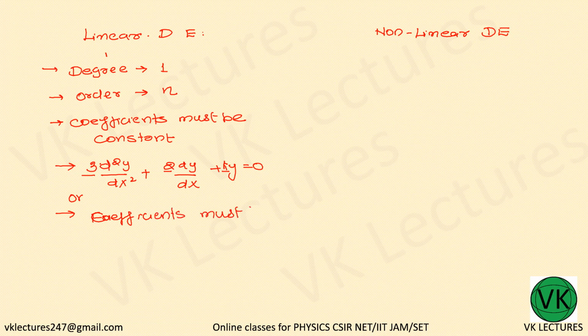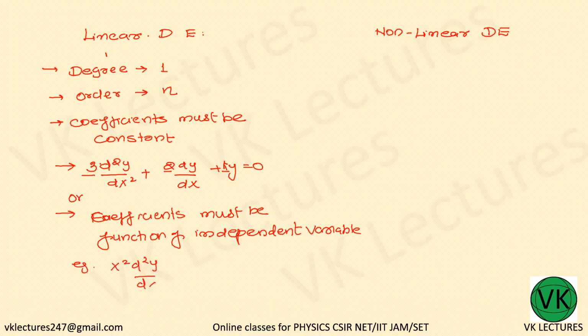For that we have an example: x square d square y by dx square plus 2x dy by dx plus y equal to 0.